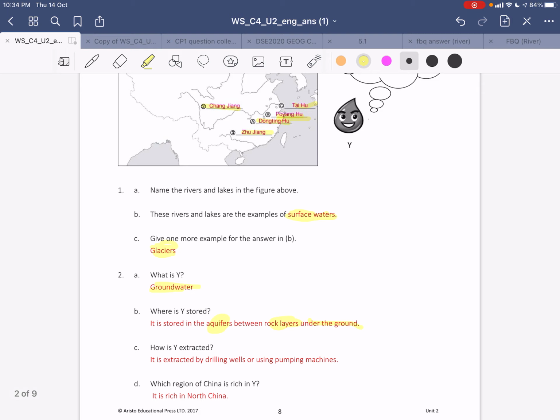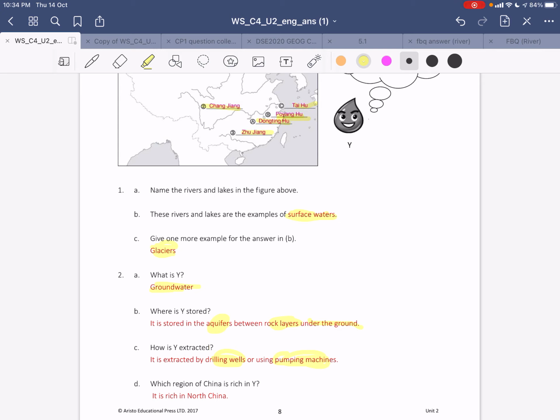How can the water be extracted? First of all, by drilling wells, or using a pumping machine. I think I have told you in the lesson that you can drill a well into that kind of water area. I illustrated this with the example of the soccer team in Thailand.